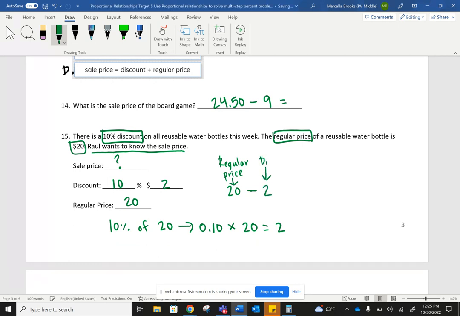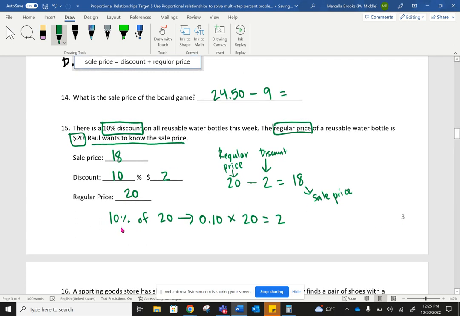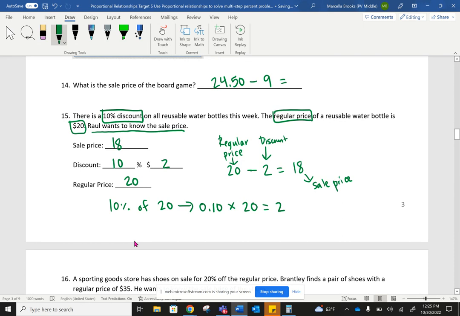So this is the discount in dollars. 20 minus 2 is 18, and that's our sale price. We're going to do a bunch of these, so don't be freaked out. So our sale price is $18. Most of these, you're just going to have to calculate the percent of the regular price, the percent of the cost.